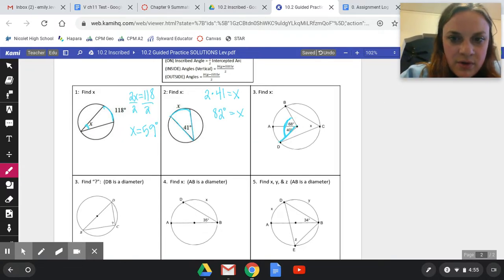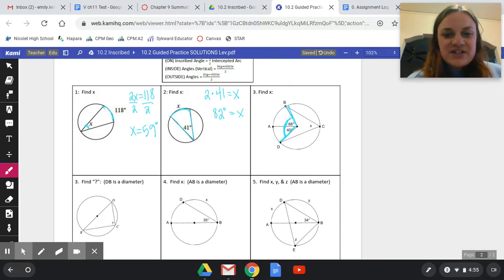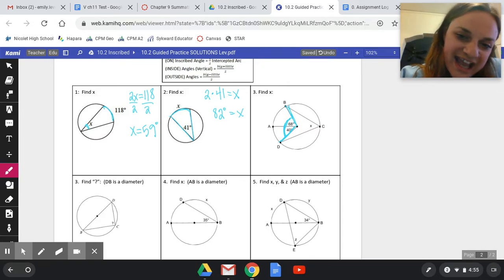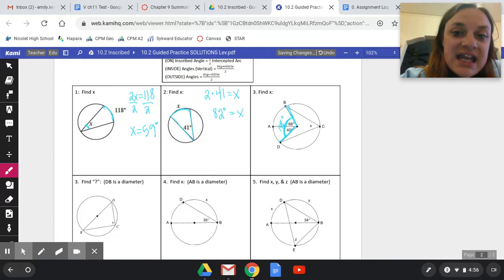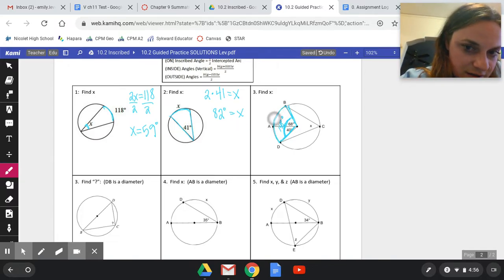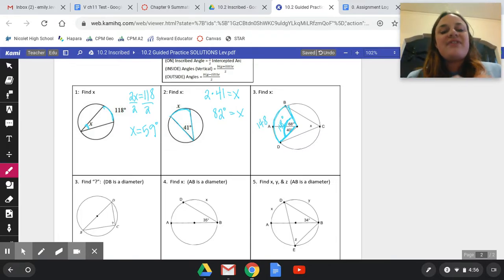That angle would be 68 plus 40, which would be 148. So if that central angle is 148 degrees, the central angle is equal to the intercepted arc. So right here is 148. Okay, so now I've got the intercepted arc.